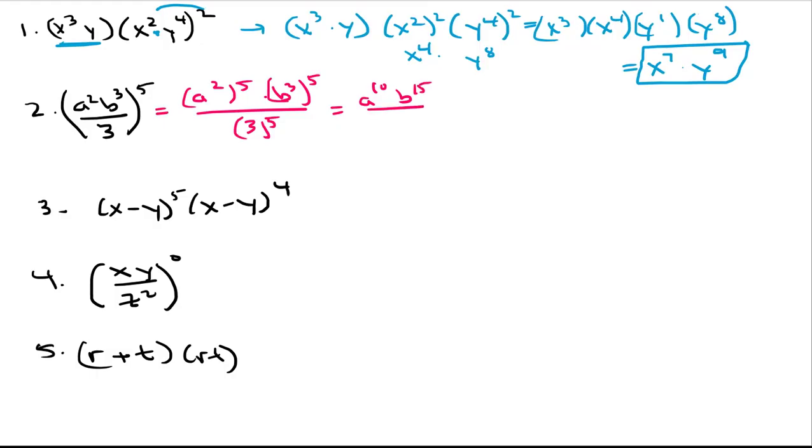And then 3 to the fifth power is 243. Okay. So that's our answer for the second.